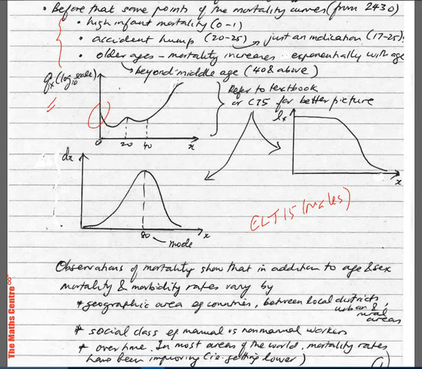And then we have the famous accident hump, let's say from 17 to 25, where young people adopt active lifestyles, and then we have accidents happening, and then we have drug-related incidents, and so on. And finally, we have this part here, which is the part for older ages, beyond middle age, 40 and above, where the mortality increases exponentially with age.